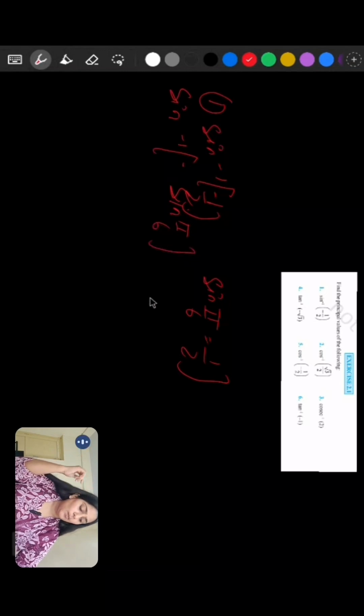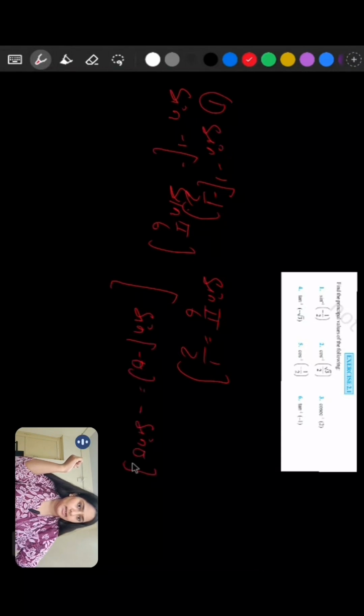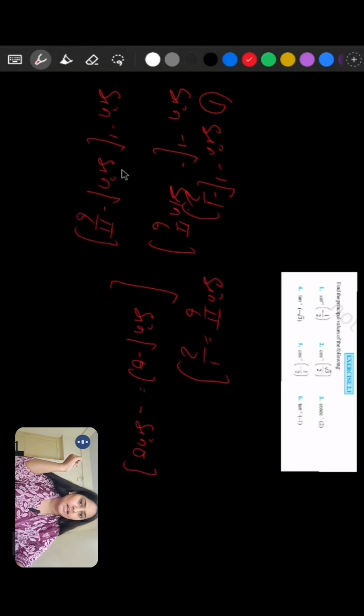We also know one formula: sine of minus theta is equal to minus sine theta. So the minus sign can be put into the bracket, giving sine inverse of sine of minus pi by 6. Now we can cancel sine and sine inverse together, and the answer will be minus pi by 6.